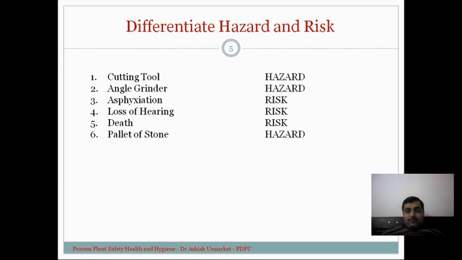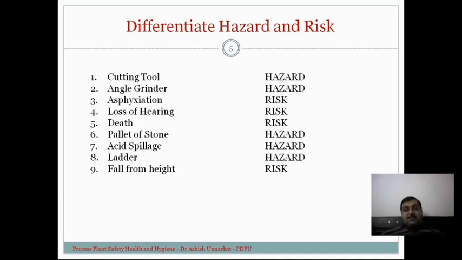Pellet of stone, that is also a hazard, it can hurt anyone. Acid spillage, yes, it's also a hazard. Ladder, you can fall from height, so it's a hazard. Fall from height becomes a risk, while ladder, which is the cause, becomes a hazard.